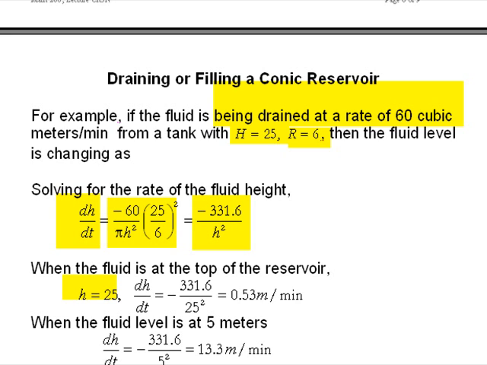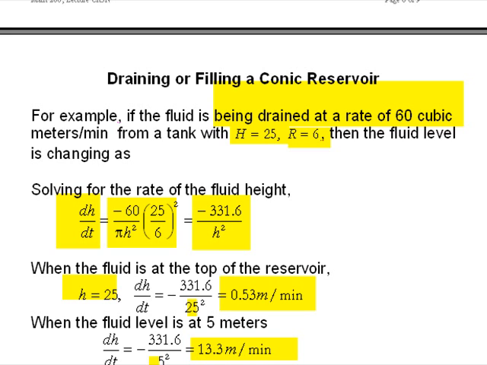If the fluid is at the top of the reservoir, I would have to put 25 squared in the denominator. I find out that it's changing at about a half a meter per minute when I'm filling it at 60 cubic meters per minute. What if the fluid level is only at 5 meters? Then I put the 5 down here and find that it is changing at 13.3 meters per minute.